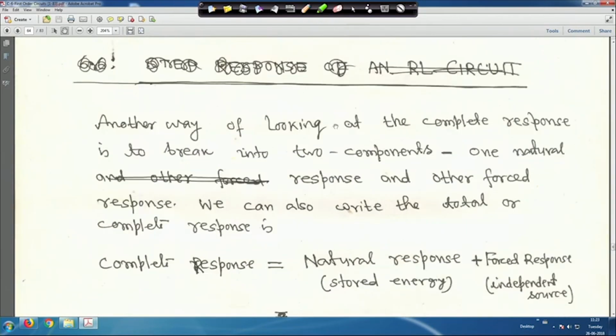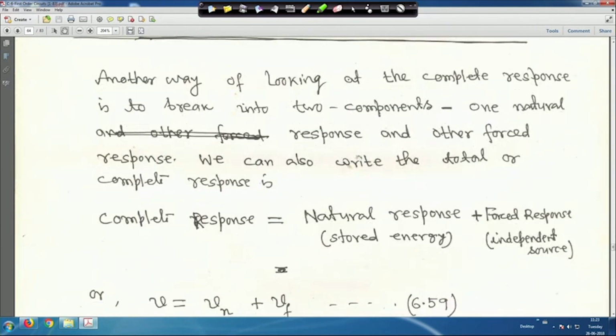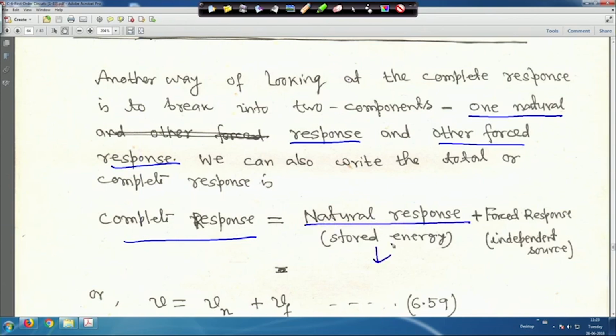Another way of looking at the complete response is to break it into two components: one is the natural response and the other is the forced response. The complete response is equal to the natural response, that is the stored energy or source-free circuit response, plus the forced response, that is due to the independent source, maybe a voltage source or current source.